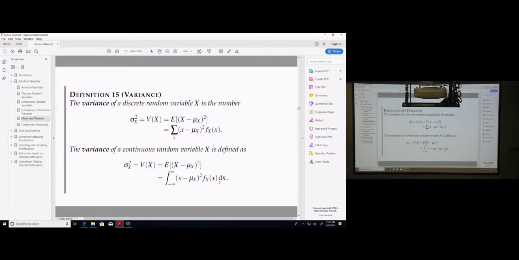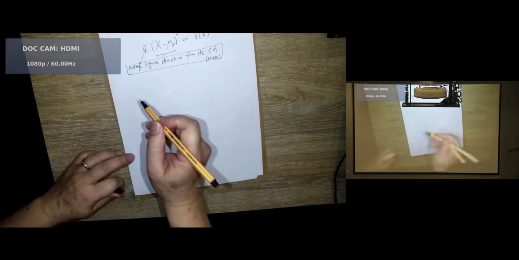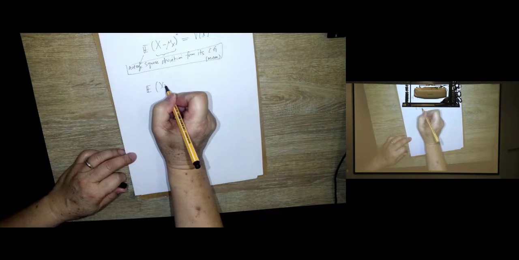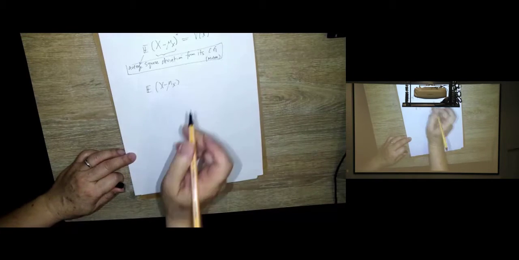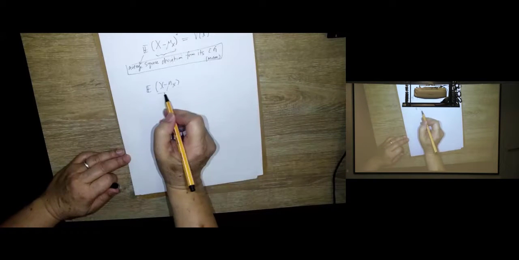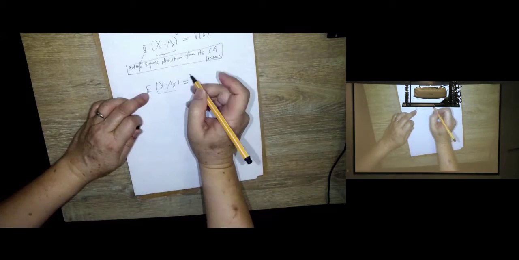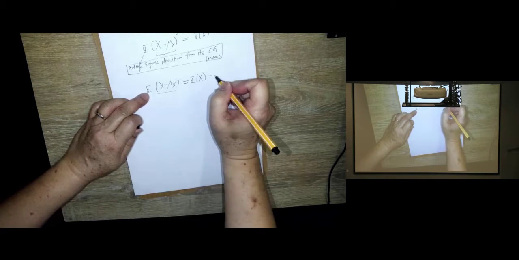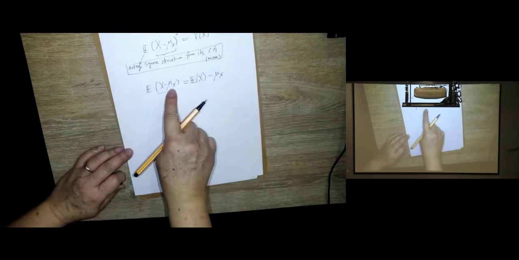Now, why do we use square deviations? Because let's look at this. Since I'm interested in the deviation, shouldn't I just compute this? But if you're computing this, this is following from the linearity of the expectation. So this is a constant, so we can move it outside.